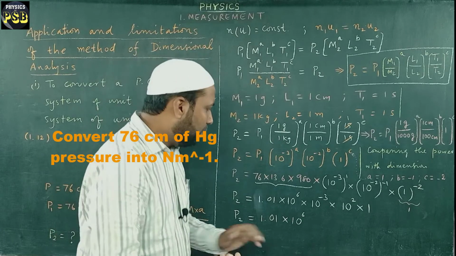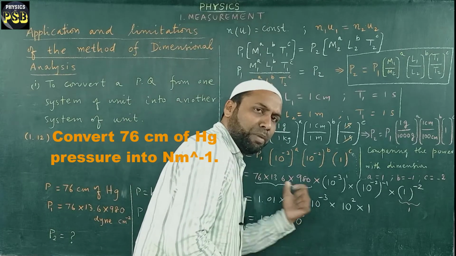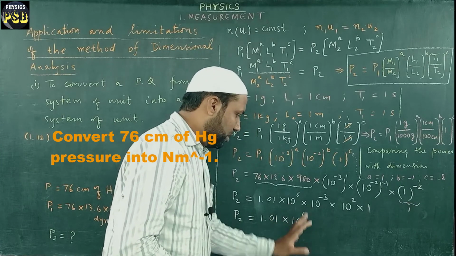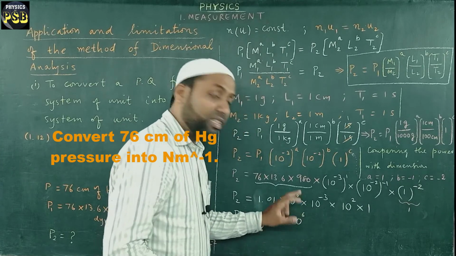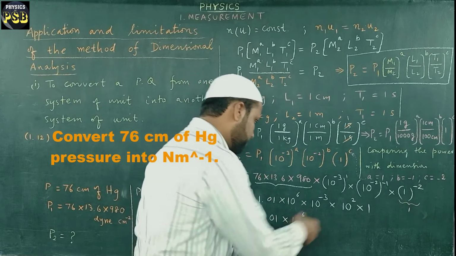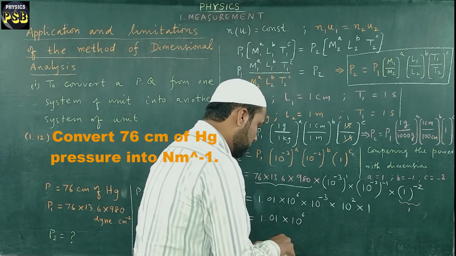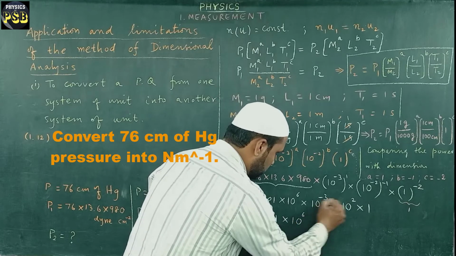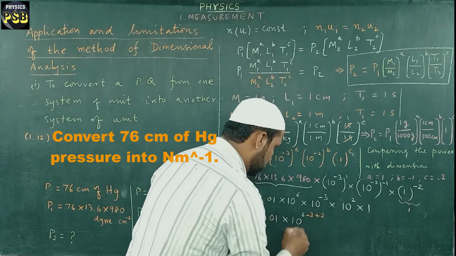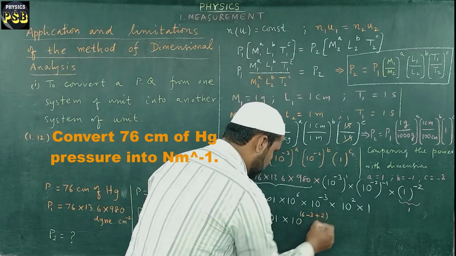When we multiply two values which have a power, in such a case the base is kept as such. If the base is similar, it is kept as such, whereas the power gets added up. So 6 is added with the powers minus 3 and plus 2.